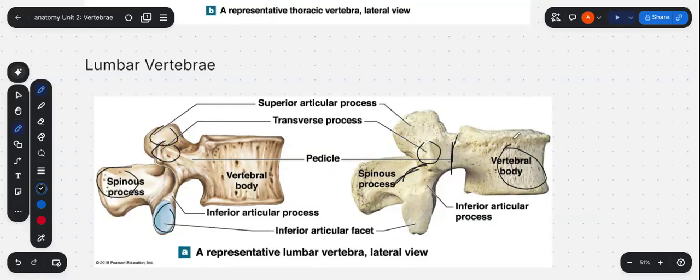So processes is this projection, and then facet is on the projection, but it is just the smooth portion. So on an exam, if they have the bones out and they ask what is the smooth bone, then you would say facet. If it is asking for the projection, then you would say process.